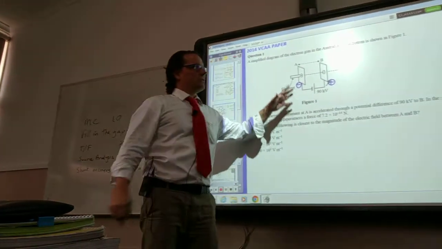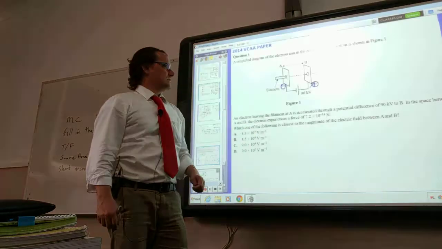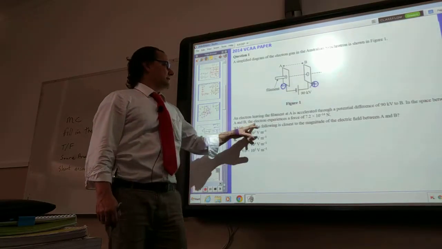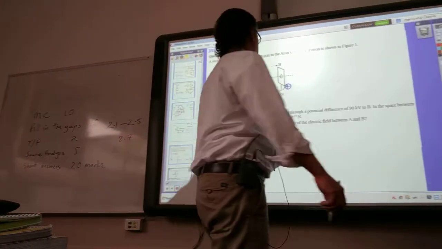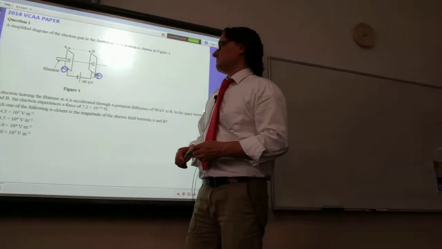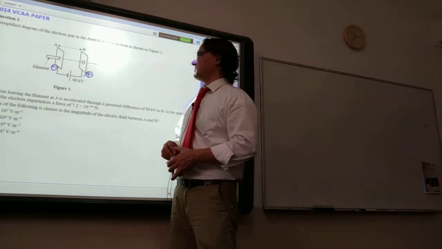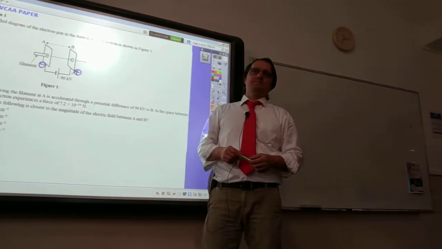The electron experiences a force of 7.2 times 10 to the power minus 19 newtons. Which one of the following is closest to the magnitude of the electric field between A and B?